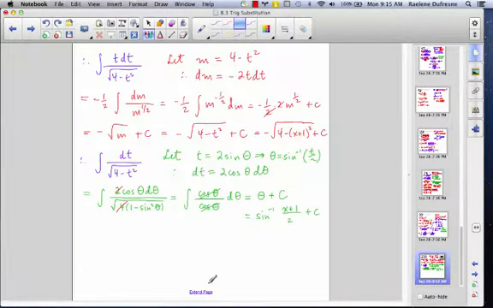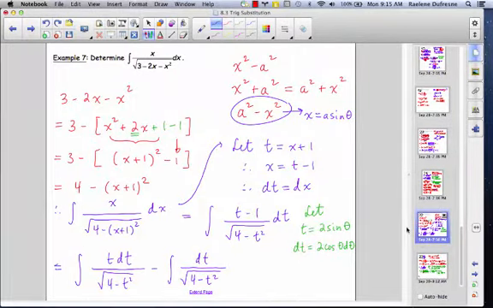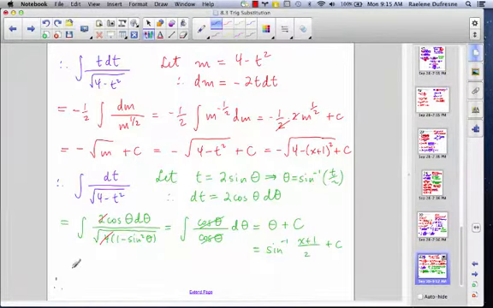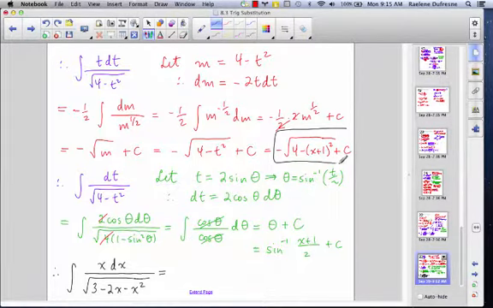And so for our final result, which was the definite integral of x dx over the square root of 3 minus 2x minus x squared, we get the sum of these two integrals.